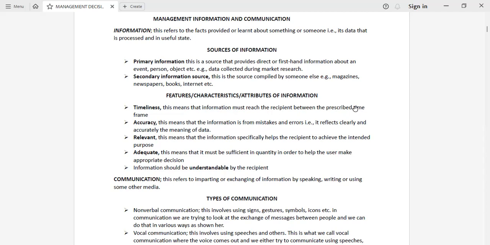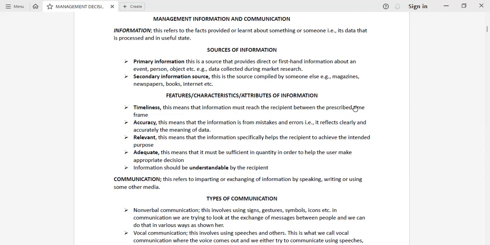Let's look at the sources of information, where we can get it. It can be raw facts, the primary data, or it can be the processed one. So we have two main sources of information.